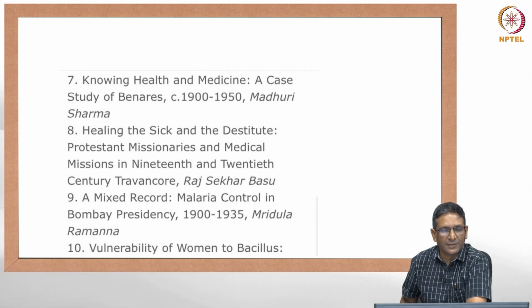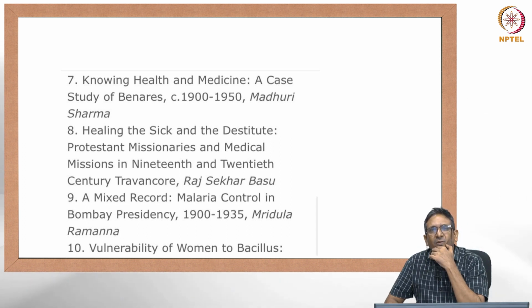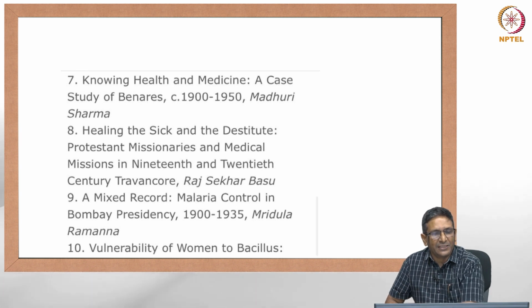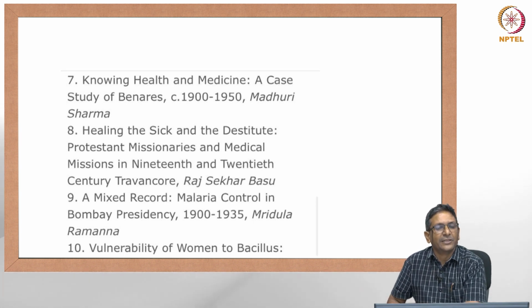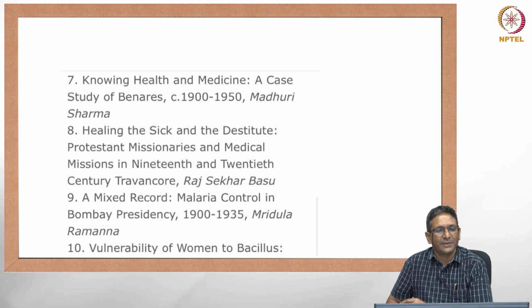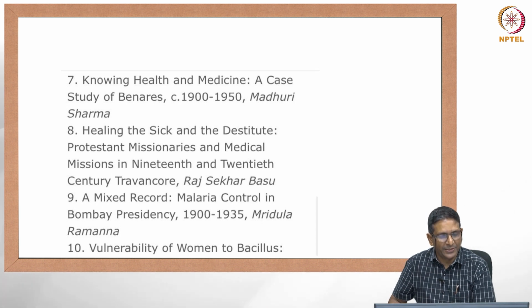One of the things you will find is that in the course normally we are doing it in broad strokes, but here you will find specific case studies about specific places, like here in Benares. Then, for instance, the 9th chapter is about malaria control in Bombay Presidency. Then we have a chapter on missionaries.